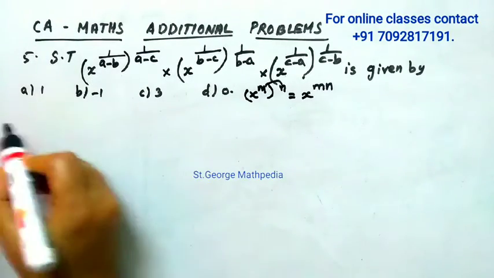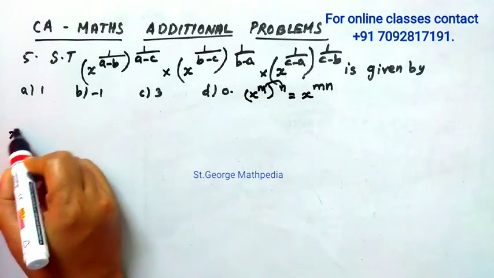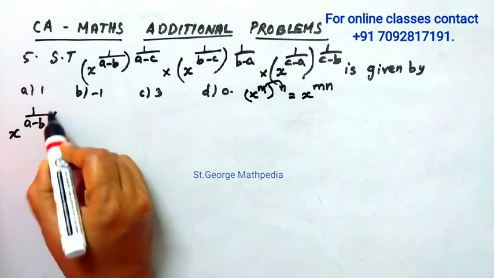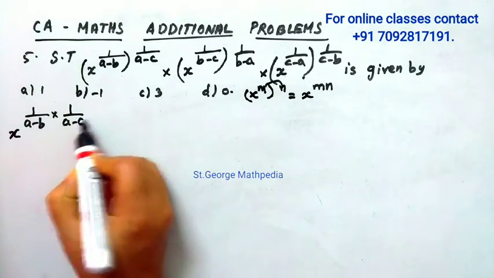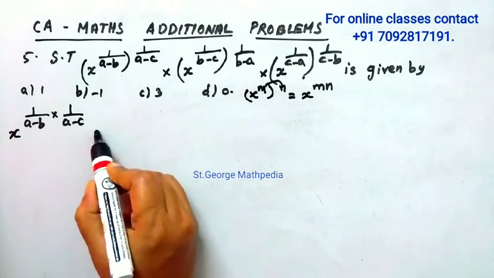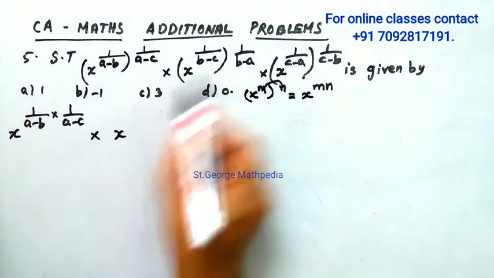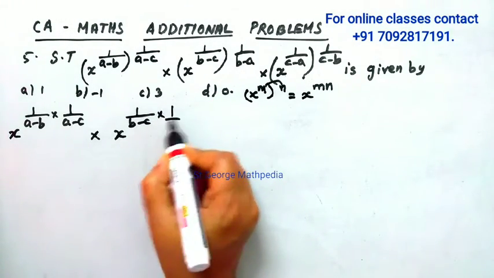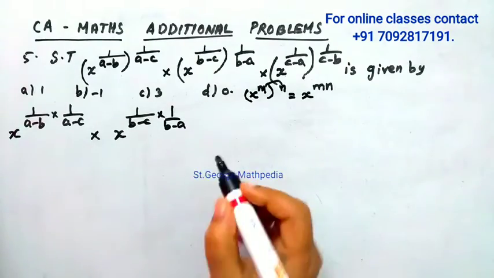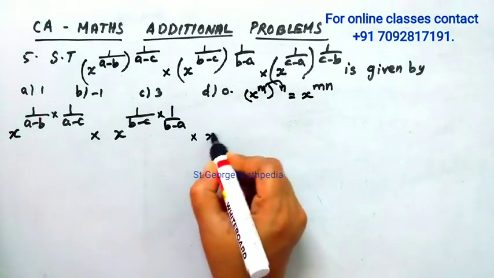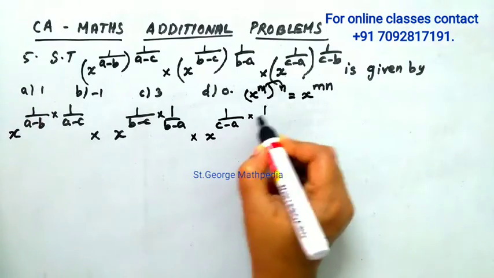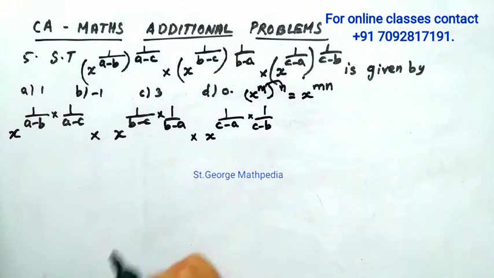So here you can write this as x to the power 1 by a minus b into 1 by a minus c. Similarly, x to the power 1 by b minus c into 1 by b minus a, into x to the power 1 by c minus a into 1 by c minus b.